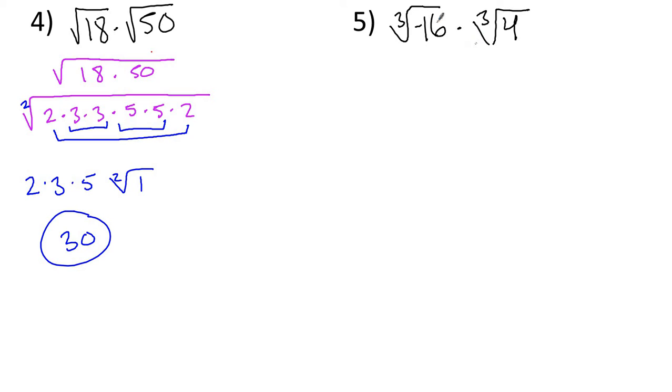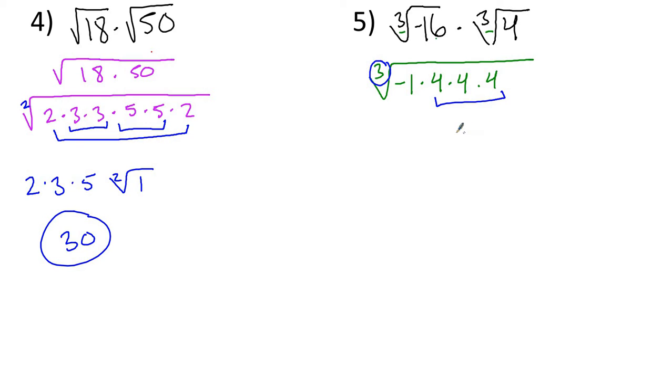Let's do another one. For number 5, we can multiply these, so we're good there. We still know this is going to be a cube root. Break down your negative 16. That's negative 1, and then I'm going to do a little intuition here and see that 16 is 4 times 4, and we have a 4 there. I'm not going to keep breaking it down because my house rule says I want 3s, and there are three 4s.